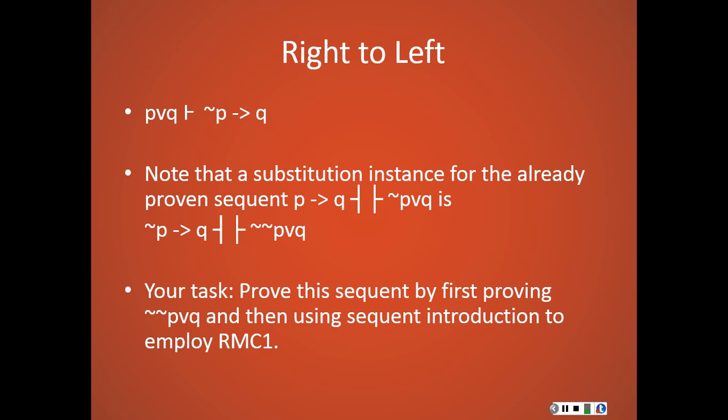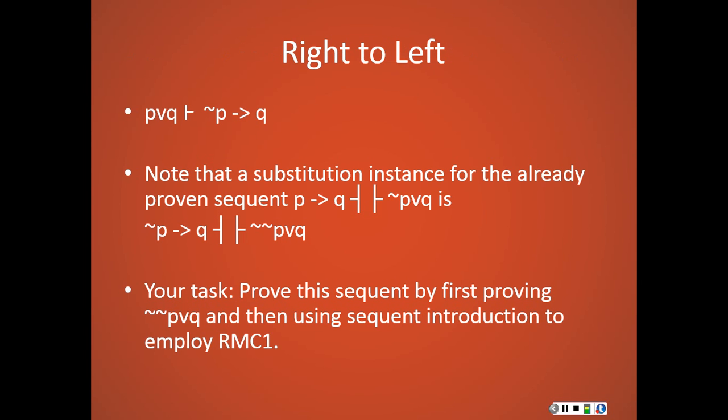Your task is to prove this sequent by first proving not P or Q and then using sequent introduction to employ RMC1. So this task has been assigned to you in your homework, and I'll leave it to you to complete it.